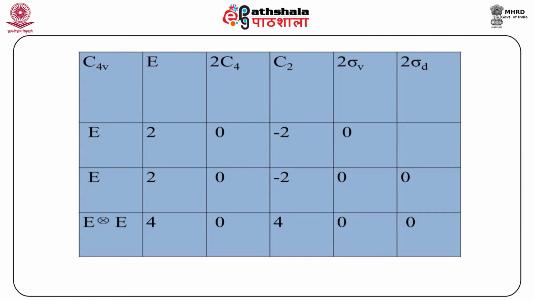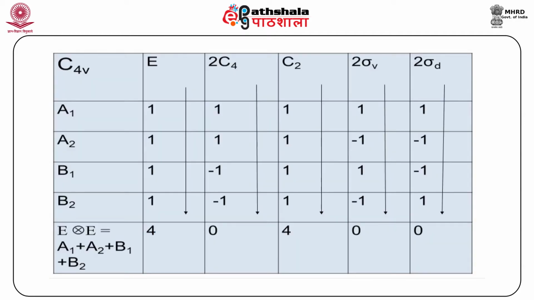Let us take C for V character table and take the direct product of E and E. And by taking the direct product, we get the characters for the direct product as 4, 0, 4, 0, 0. Thus, tau for E into E, that is this 4, 0, 4, 0, 0, can be reduced to A1, A2, B1, B2.